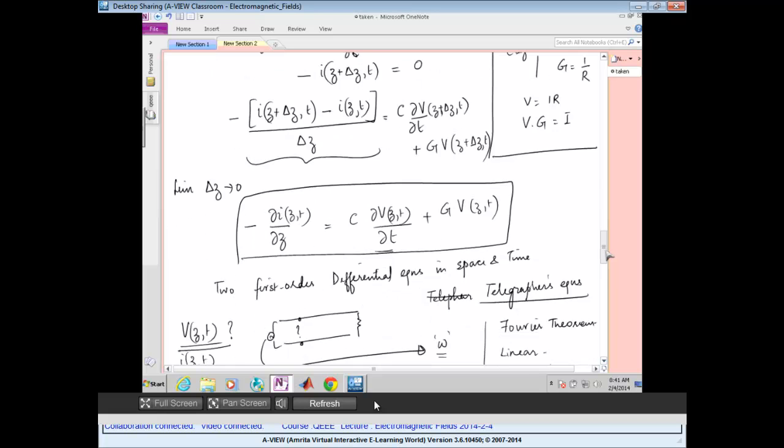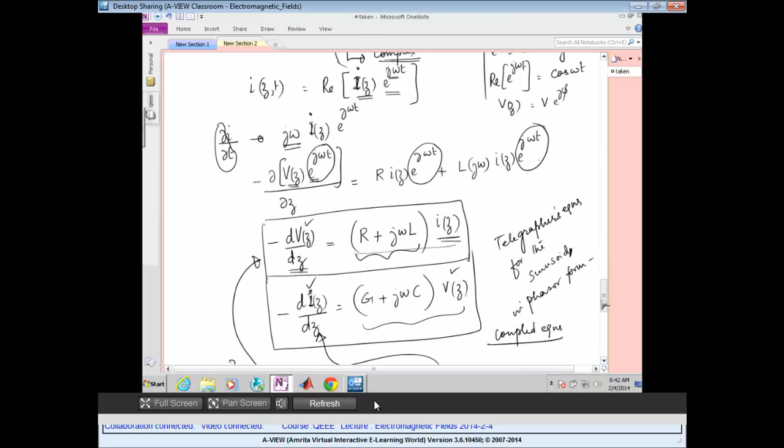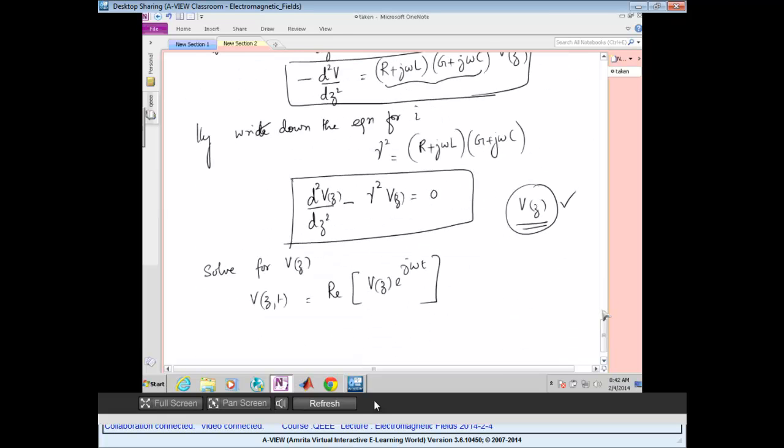So to handle this, we introduced the phasor notation, and then we got two coupled equations, nice looking coupled equations, voltage in terms of current and current in terms of voltage, and we tried to decouple the equation, and now we have the final equation that we want to be solving to find out what is the voltage. Once I know the voltage as a function of position, I know what is the voltage as a function of position and time. So we will do the solution of this equation in the next class.